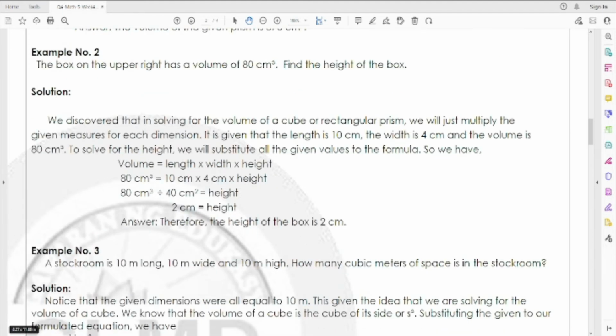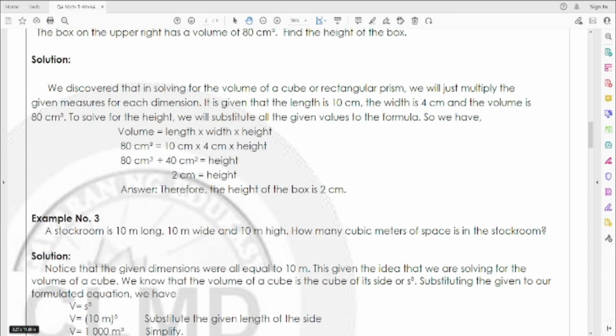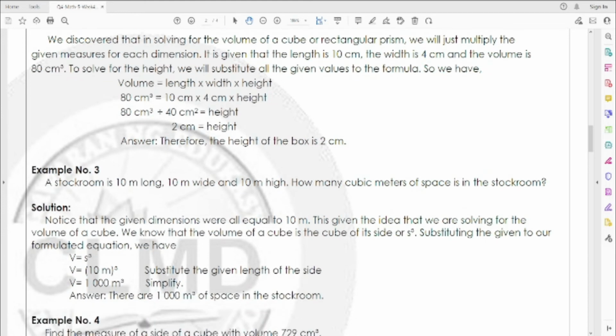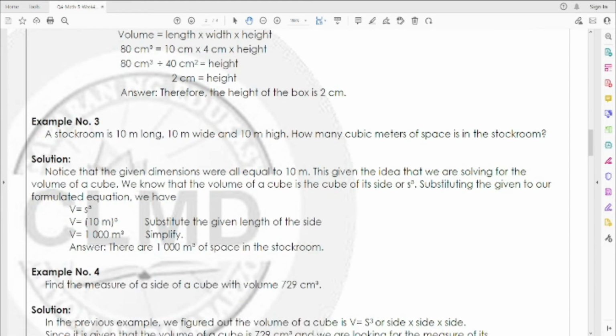For our example number 3, a stock room is 10 meter long, 10 meter wide, and 10 meter high. How many cubic meter of space is in the stock room? So let us see the solution. Notice that the given dimensions were all equal to 10 meter.